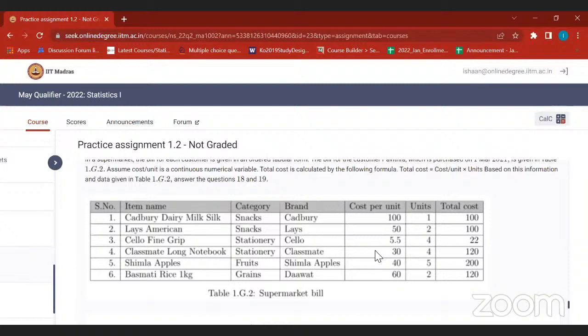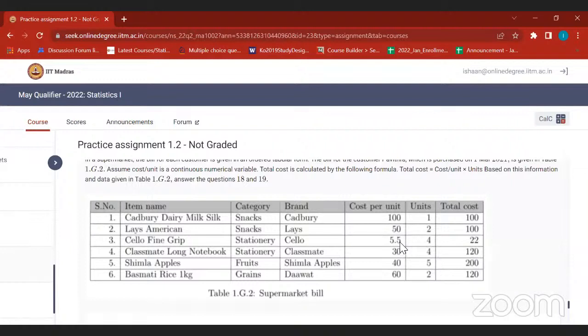Suppose instead of 5.5, it's something like 5.13, and I have purchased 4 units. Yeah, I can understand that, but referring to this table, 5.5 into 4 became 22, so it is not continuous. No, it is continuous. It can have any value. It can take all the values in between 0 to infinity, depending on cost per unit.